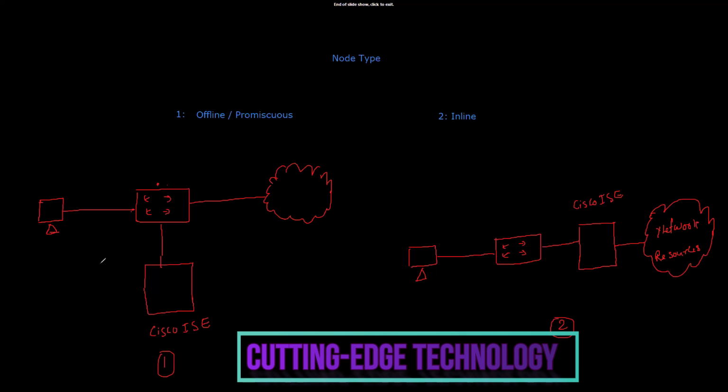Okay, so let me just explain the complication of both of these. First, I'm going to tell you the complication of the inline one. What if Cisco ISE fails?